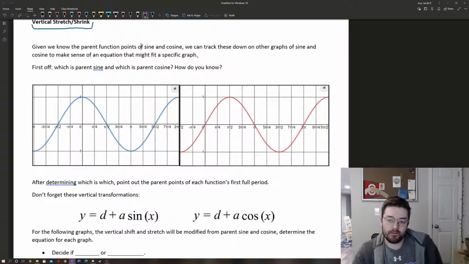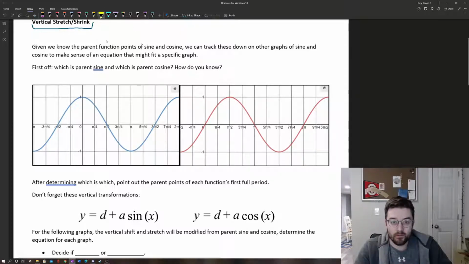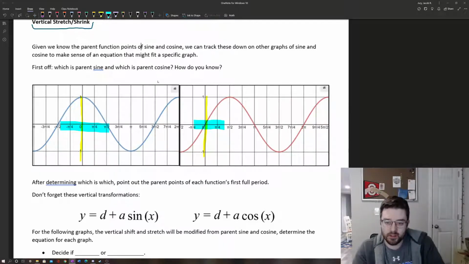So the first thing I notice when I'm deciding if something is parent sine or parent cosine is I look at where my axis is. You can see my y-axis right here on each, and then my x-axis is right here on each.